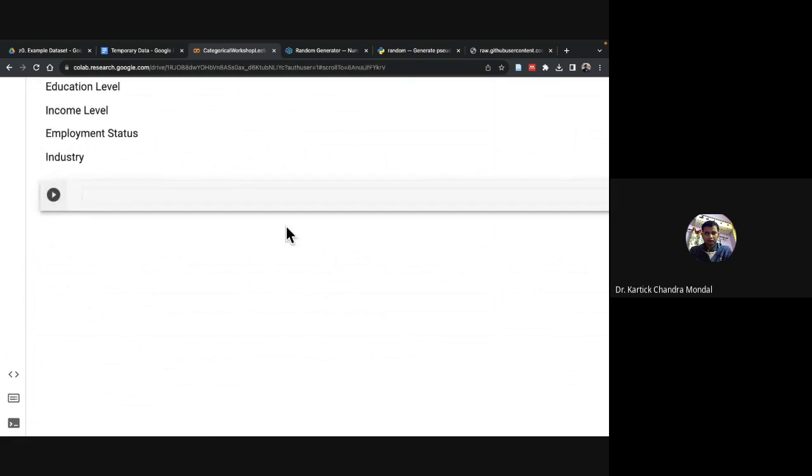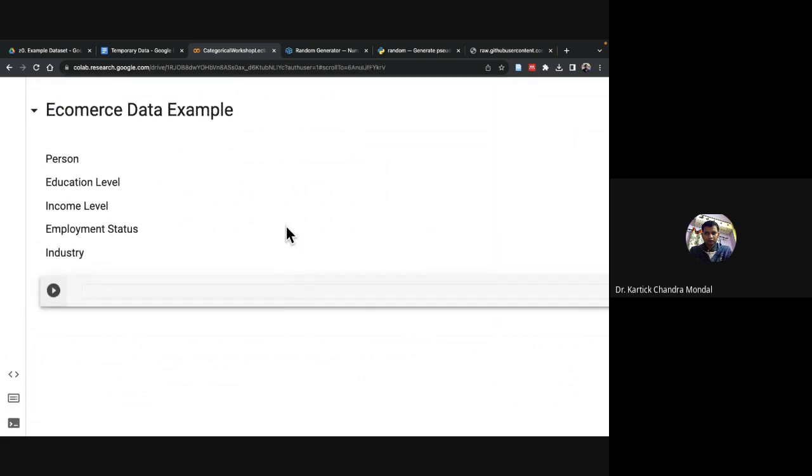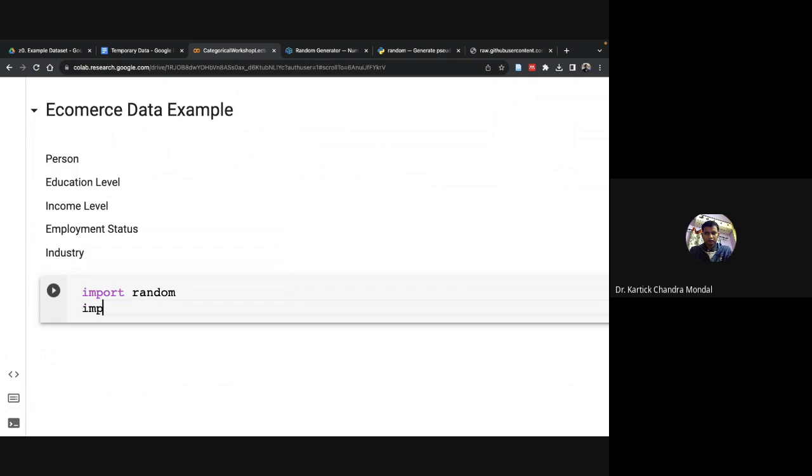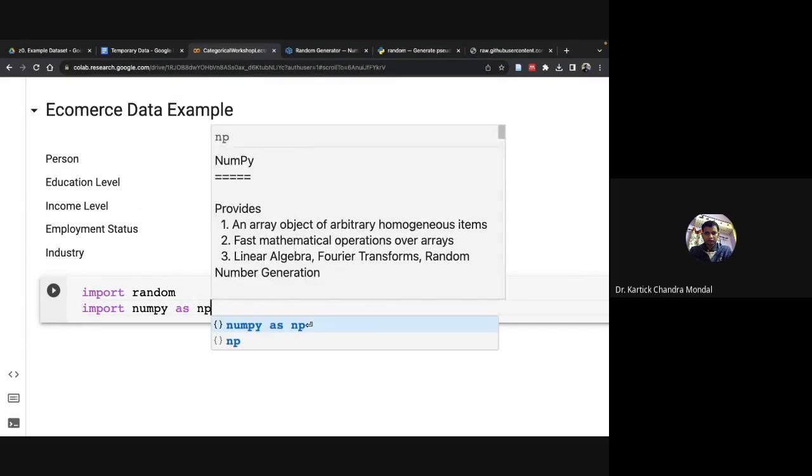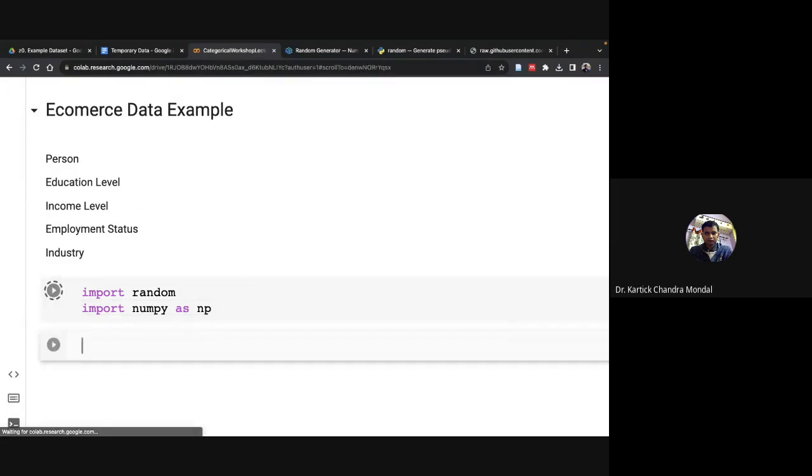The code for generating it. What do we need? We need to import the random function. We need to import the NumPy library as NP. Okay, and then we will create the categories.